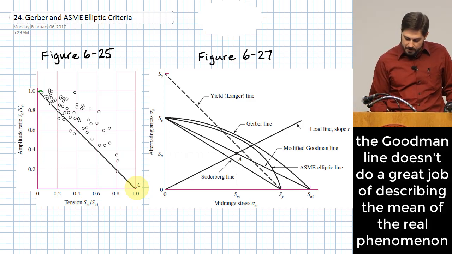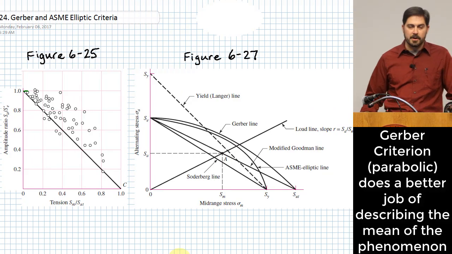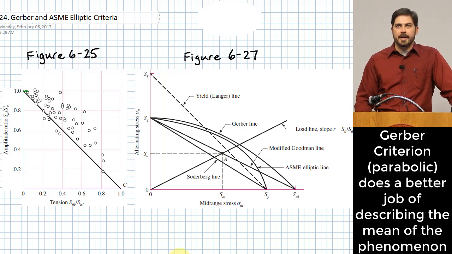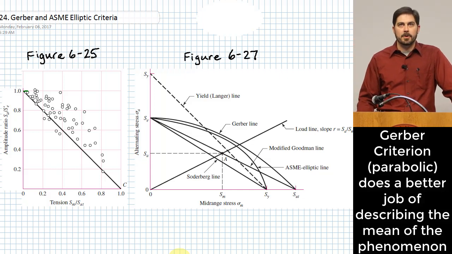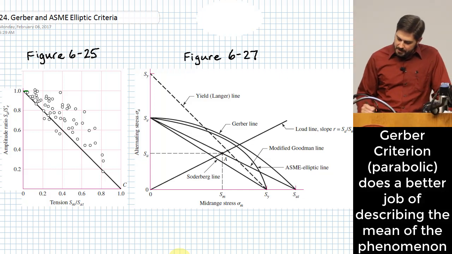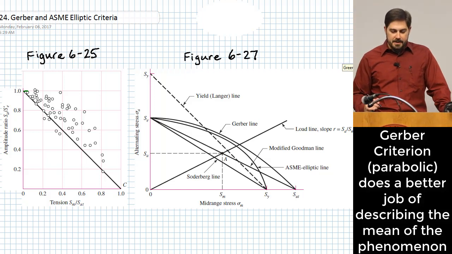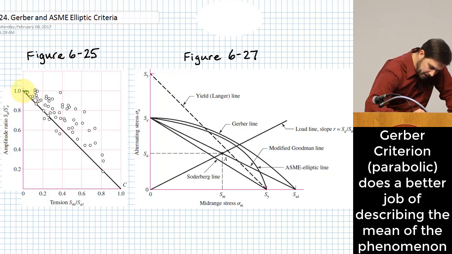And so that's where these two categories of failure criteria come in and are useful to us: they do a little bit better job of creating a line that describes the mean of what the possibilities tend to be. The first one that I'll mention is the Gerber line, and the Gerber line is actually a parabola. If you were to draw that parabola on here, it would look something like this.